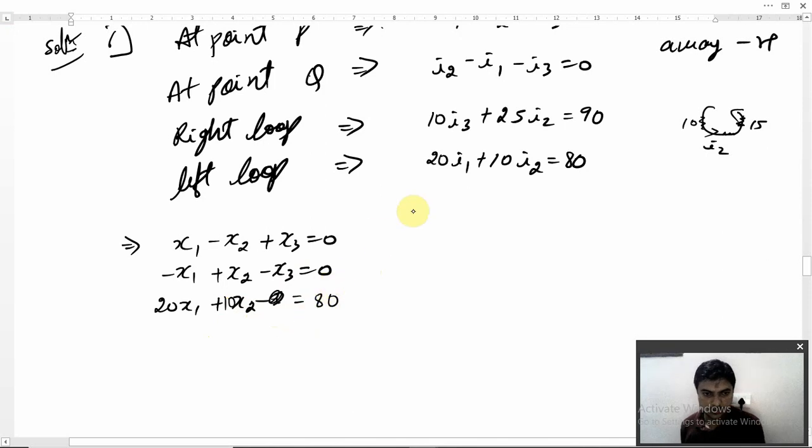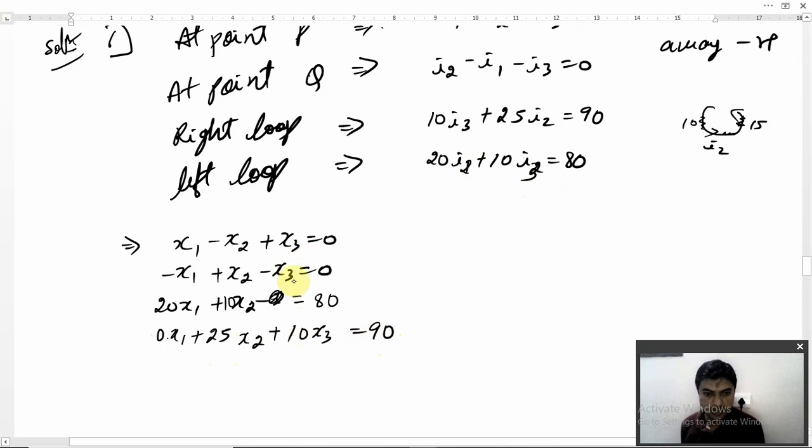The next one, this is 0, so I'm going to take this as 0 x1 plus 25 x2, by mistake I have taken here I2 and I3, so plus 10 x3 is equal to 90.